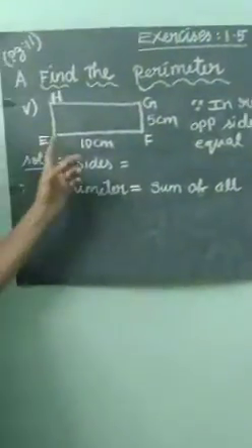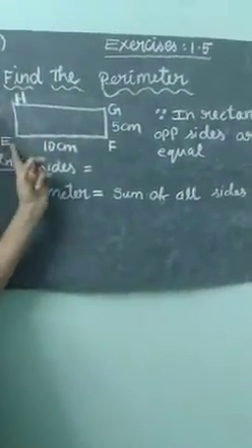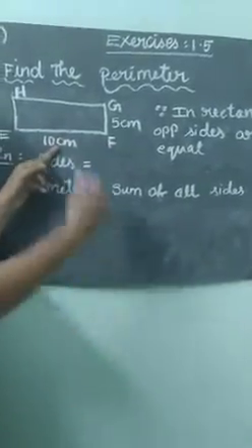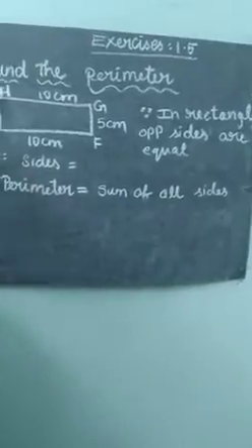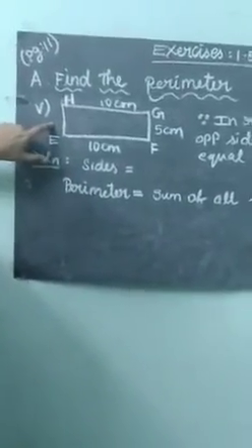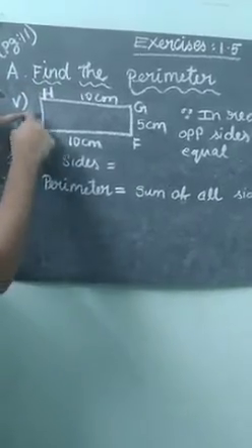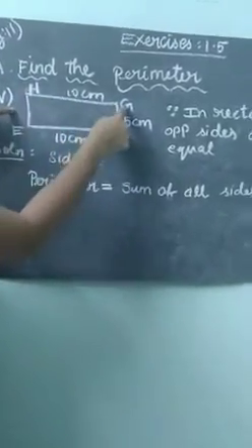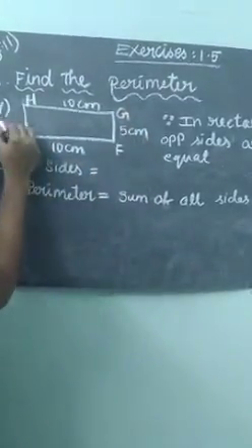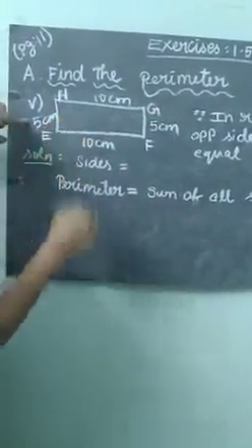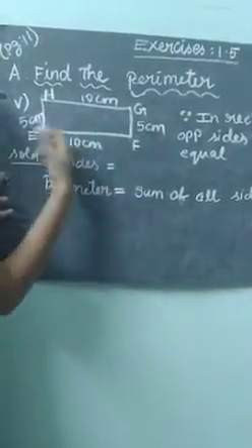What is the opposite of GH? EF. So here 10 centimeter means here also 10 centimeter only. Now we want the measurement of EH, isn't it? What is the opposite of EH? Very good, FG. So here 5 centimeter means here also 5 centimeter only, because these are the opposite sides.